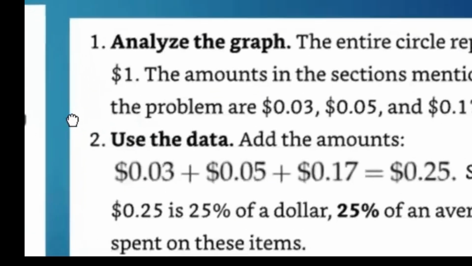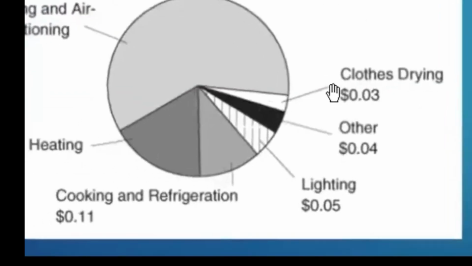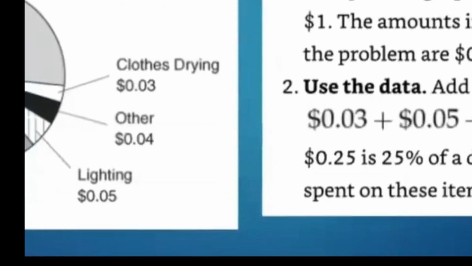So the book is telling us here, first you want to analyze the graph. The entire circle represents $1. And then the amounts in the sections mentioned in the problem, as we established, right? 0.03, we're spending about 3 cents on drying clothes, 0.05, about 5 cents on lighting, and then 17 cents on water heating.